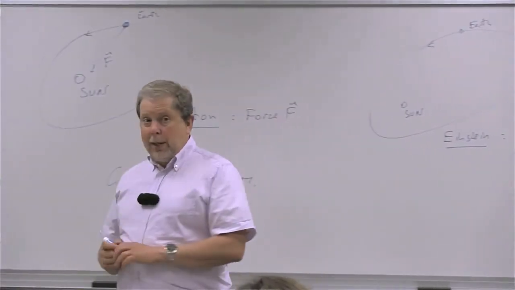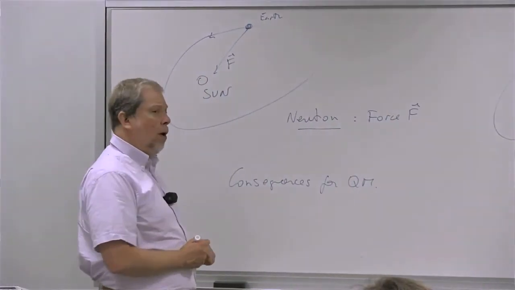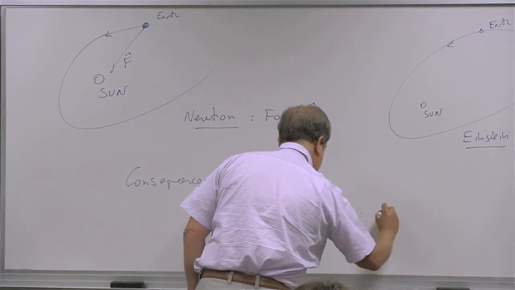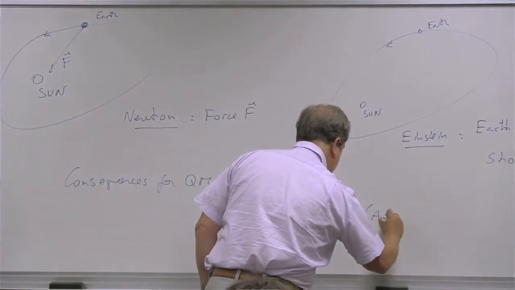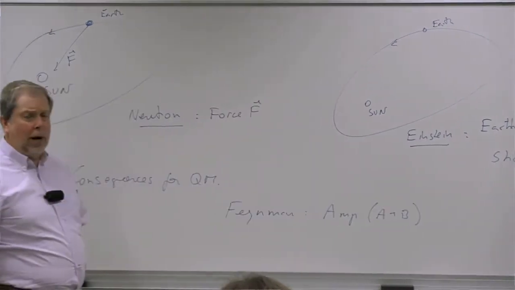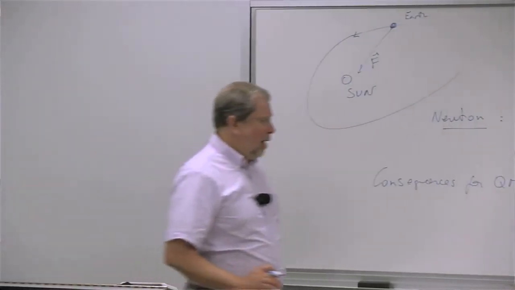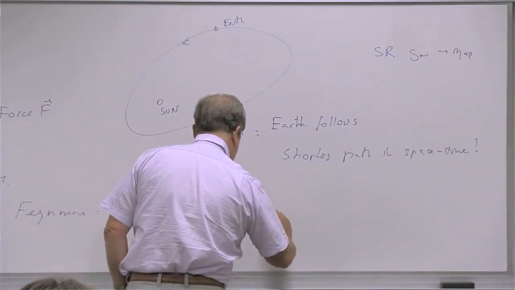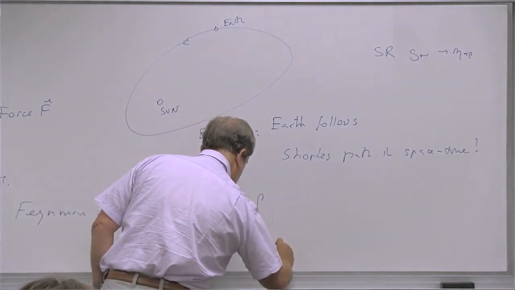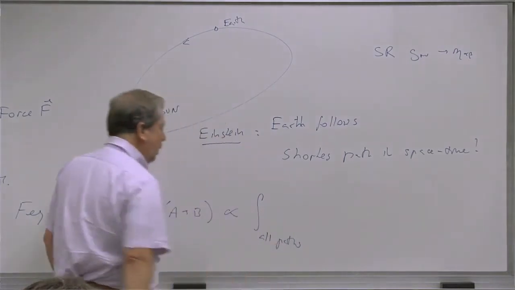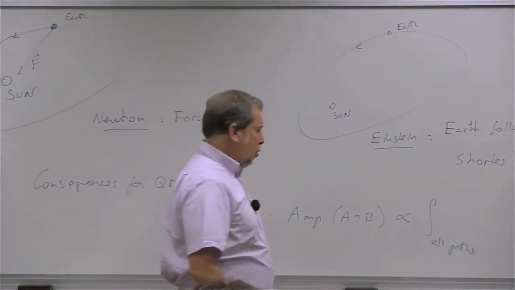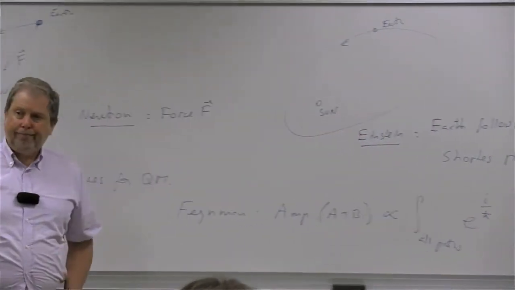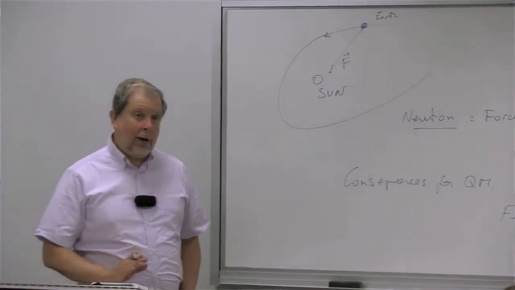Now, as I was saying, this also has some important consequences for quantum mechanics, because Feynman has told us that the amplitude to go from A to B, which might ring a bell with some of you, is proportional to the sum over all paths, which you write as the integral over all paths of e to the i over h bar times the action, which is the integral of the Lagrangian.